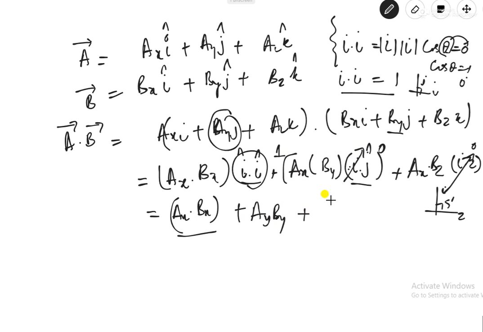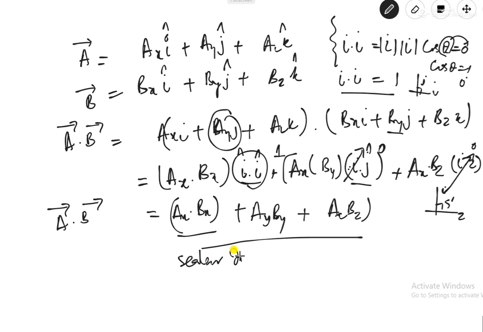And similarly AZ and BZ, because here also k into k will be 1, other than that it will be 0. So in component form, A dot B is equal to AX BX plus AY BY plus AZ BZ. This is a scalar quantity, so there are no vectors left.